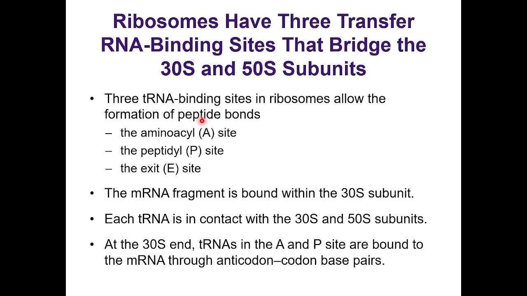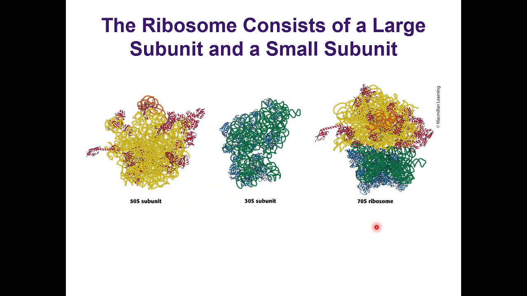The amino acid bound to what? tRNA, yeah. And then this is the peptidyl site, right? Yep, you got peptide. The mRNA fragment is going to be bound with the 30S subunit. That's that small one that's first going to attach. That one right there.